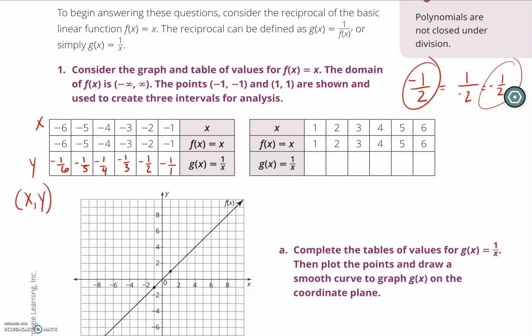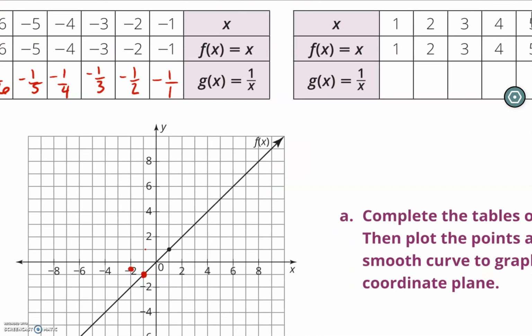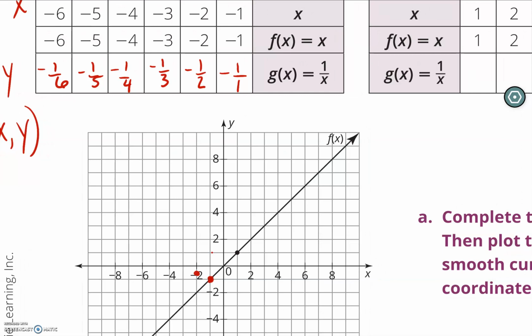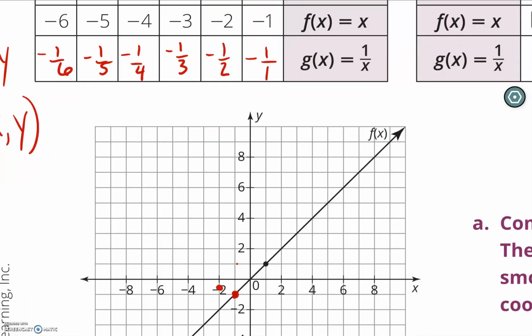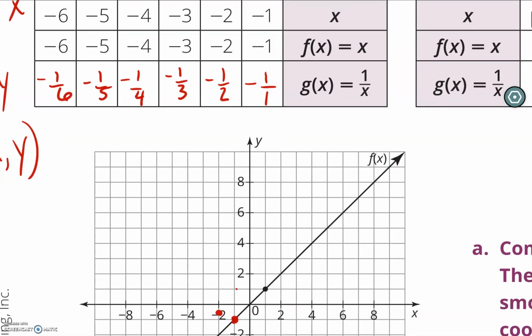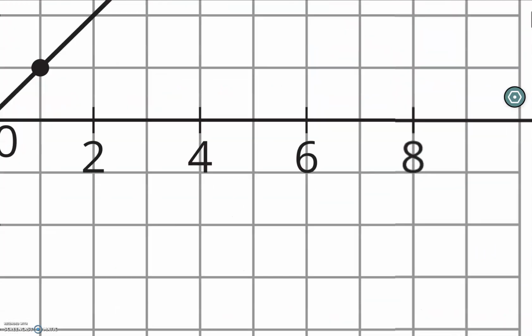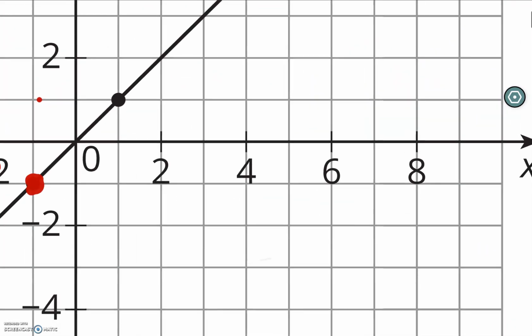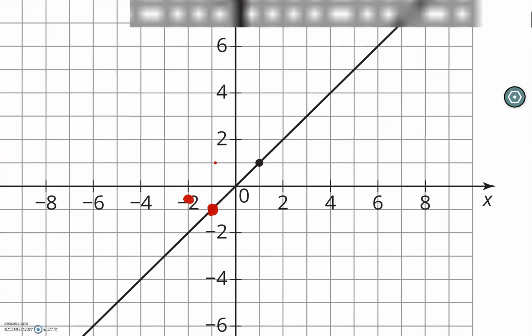So we have negative 1, negative 1. Oh, wrong direction. Sorry. And we have negative 2, negative 1/2. Then negative 3, negative 1/3. Whoa, that zoom was not planned.